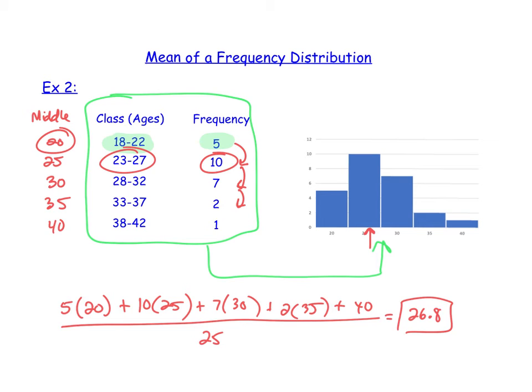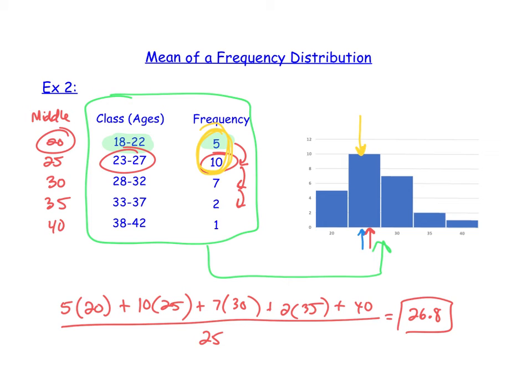And so that means that the median is going to be a little bit to the left of that, where that blue arrow is pointing. And that kind of makes sense, because if there's 25 data points, and in those first 2 bars, that is 15 of the data points, that means that the middle is going to be somewhere around there, because 12 and a half data points would be the middle.